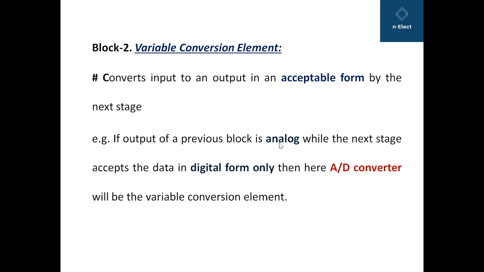For this we will require an AD converter, that is an analog to digital converter, and hence we can say the variable conversion element used in this particular example is an AD converter.